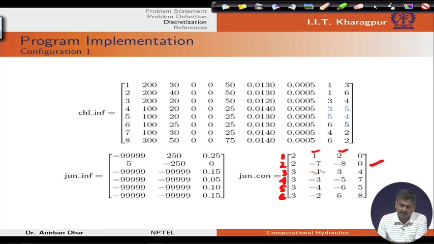For junction 3, the end section of 1 and the starting sections of 3 and 4 are connected.